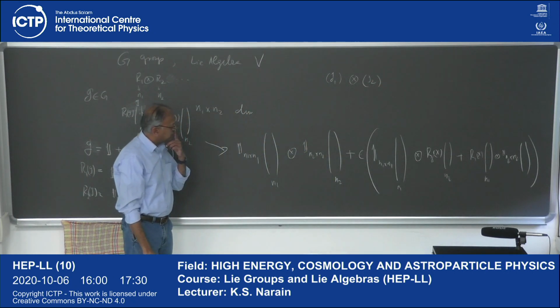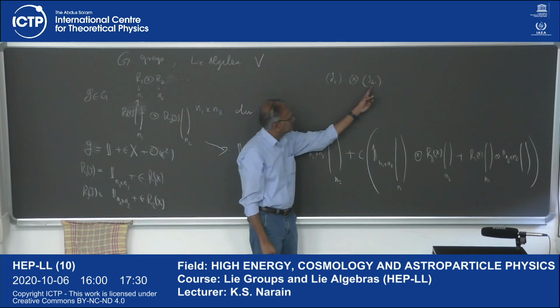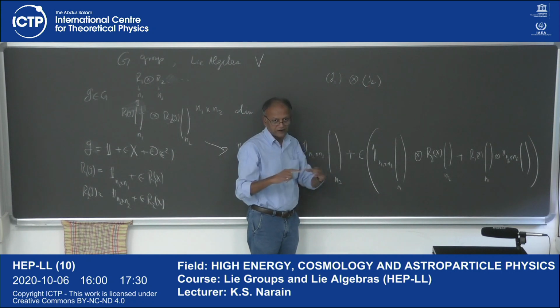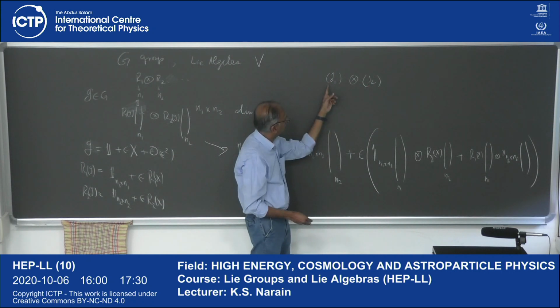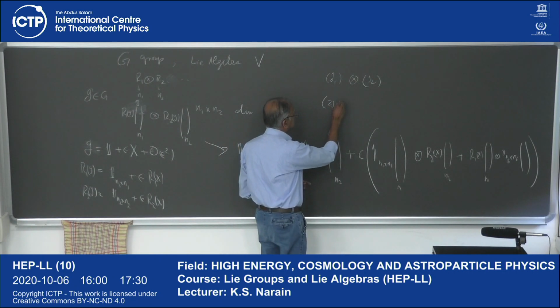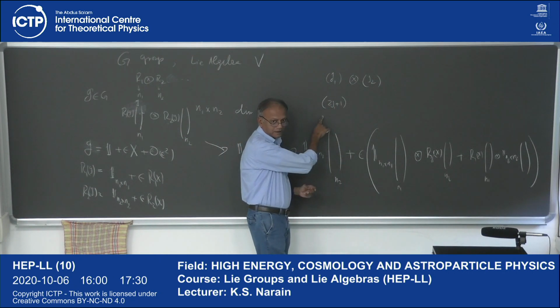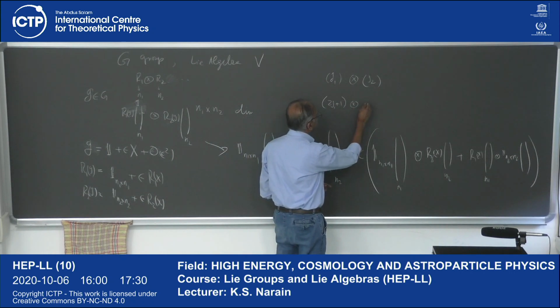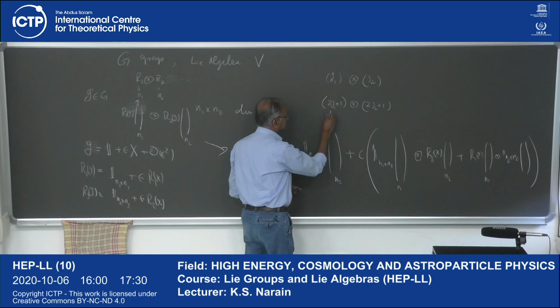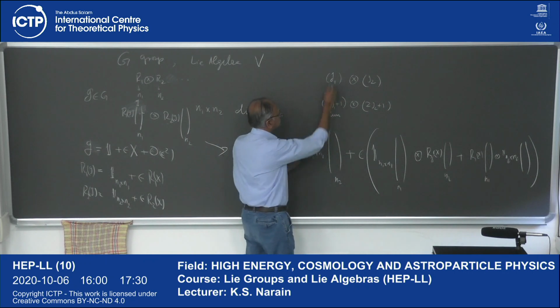Sorry, again, I should emphasize that I'm denoting the representation by the spin. In the lecture notes, as well as in many of the books, you will see that the notation is that you write it as the dimension of the representation, 2J1 plus 1 times 2J2 plus 1. So in this case, you are saying a dimension, instead of here, I'm writing spins.